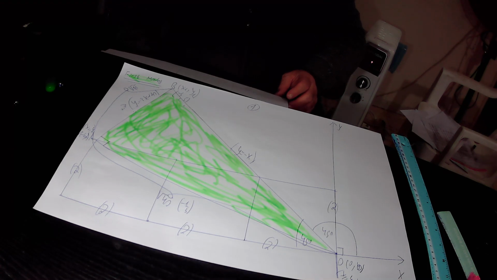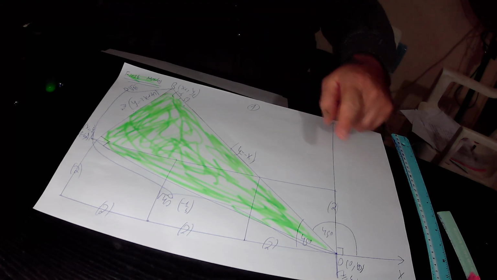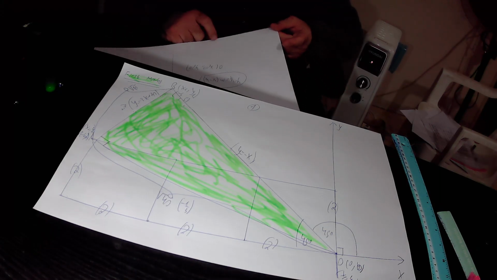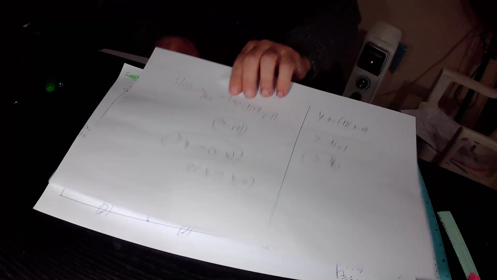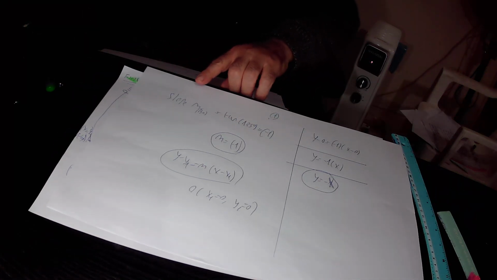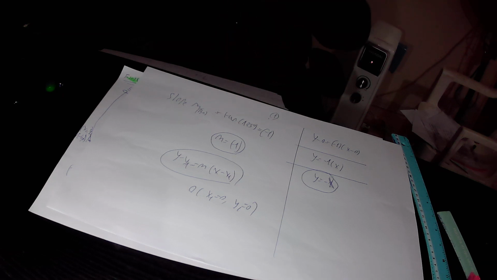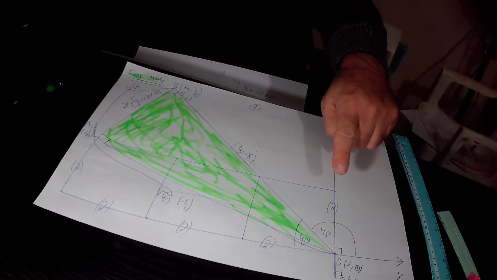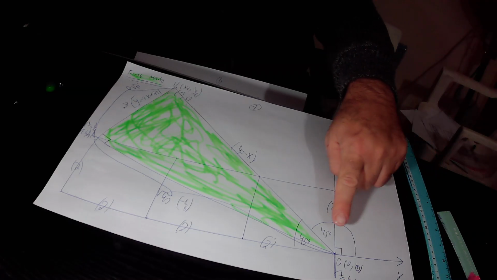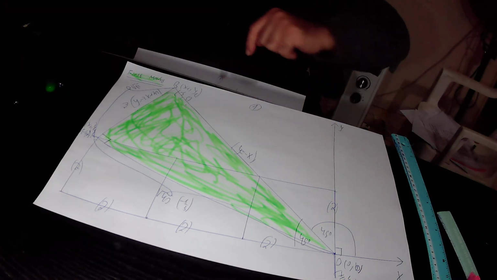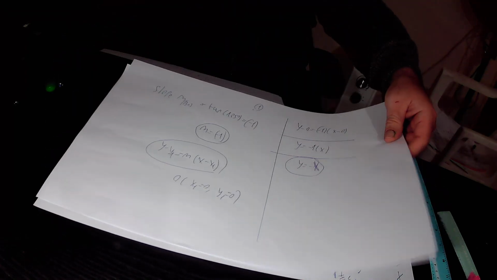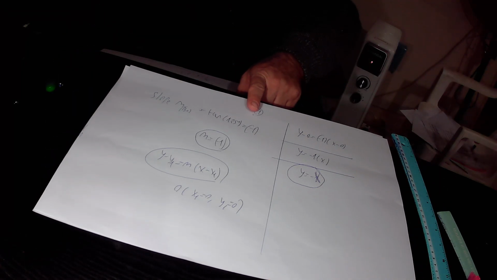So the slope of this straight line BO, that is defined as m, equals the tangent of 135 degrees, that is the angle that the straight line BO creates with the positive side of the x-axis. So tangent 135 degrees equals -1.